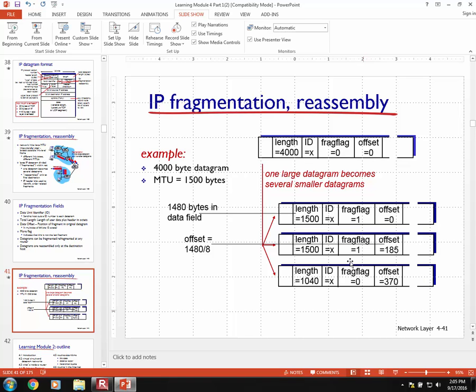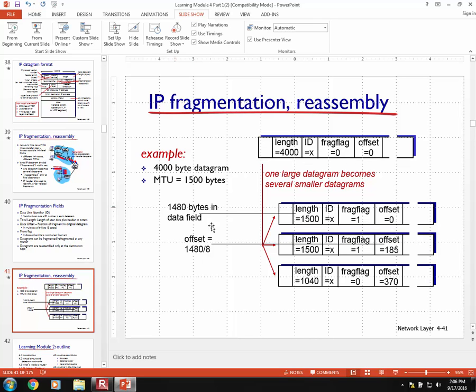datagram, and it's going to have an offset. Obviously, we start with an offset of 0. Then we have our offset for the second datagram, which, if we remember, is in multiples of 64 bits or 8 octets.